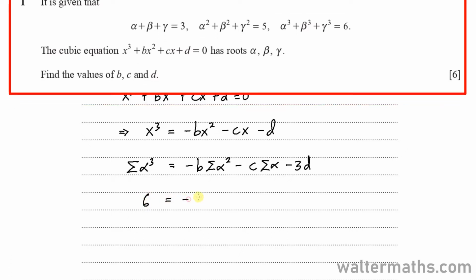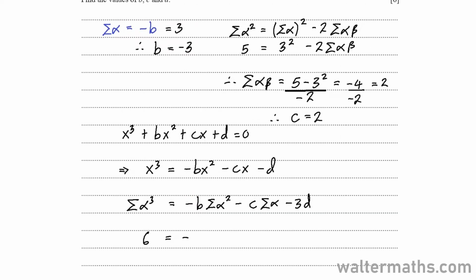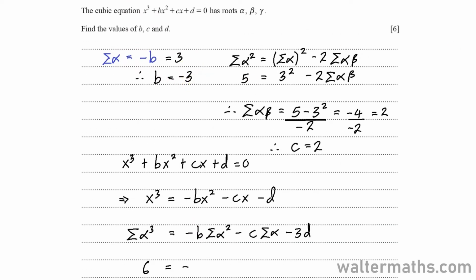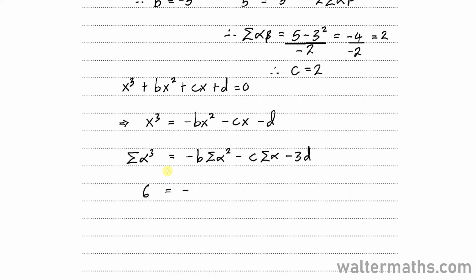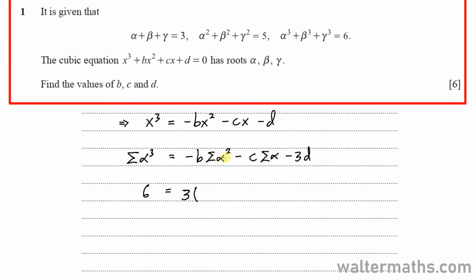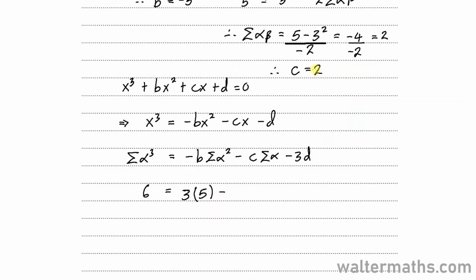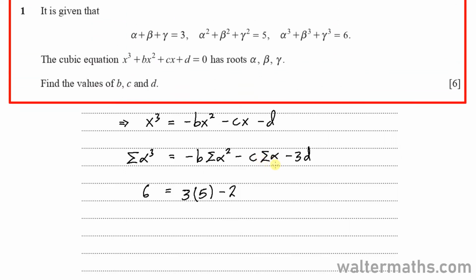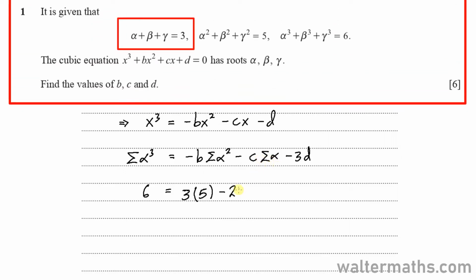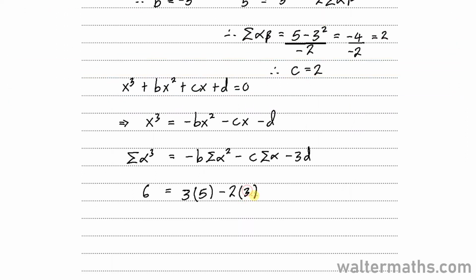That's equal to minus b; for b, we've gotten it as minus 3, so that's minus of minus 3, so it will just be 3, of the sum of roots of the form alpha squared, which is actually 5, and minus c. For c we got 2, so that's 2 of the sum of roots, and the sum of roots we have as 3, so it's 2 of 3, and it's minus 3d.